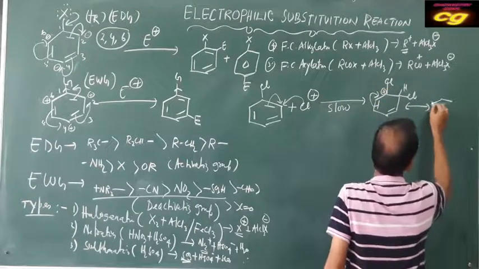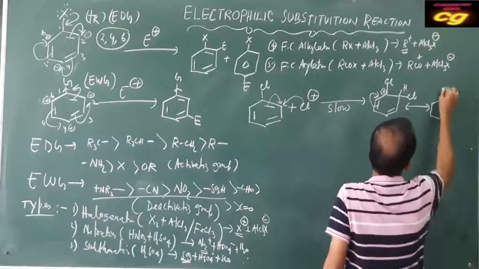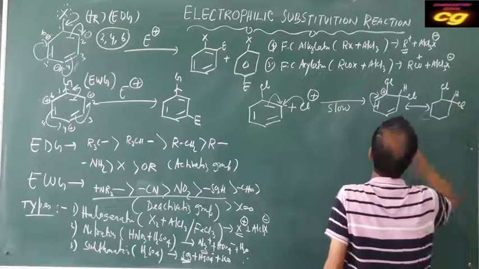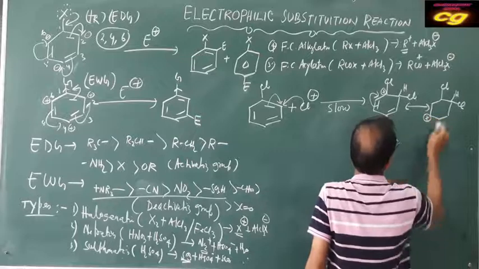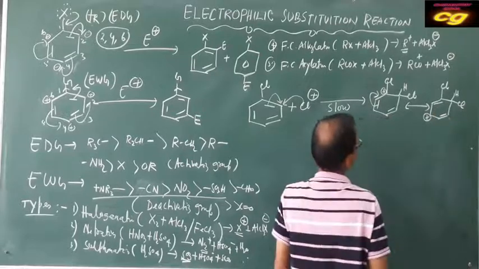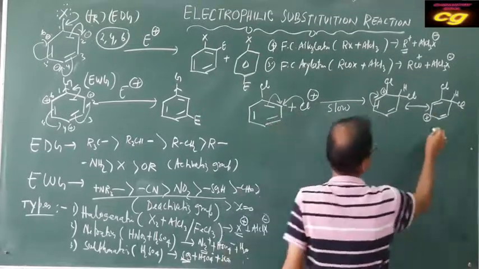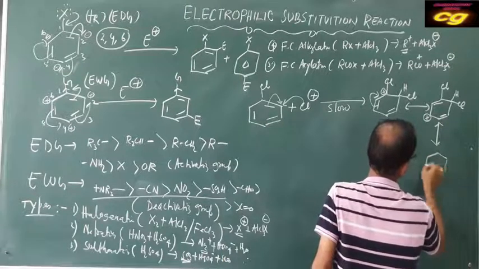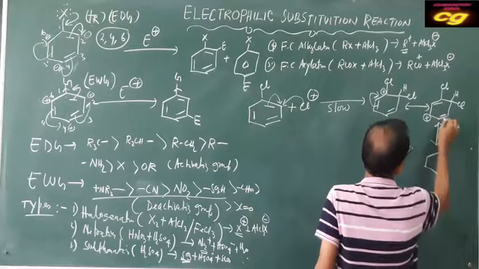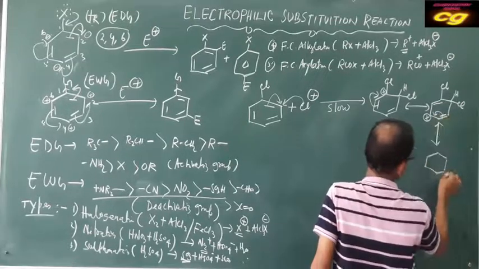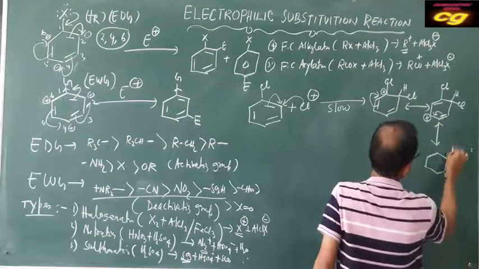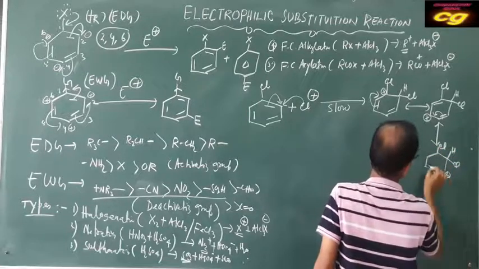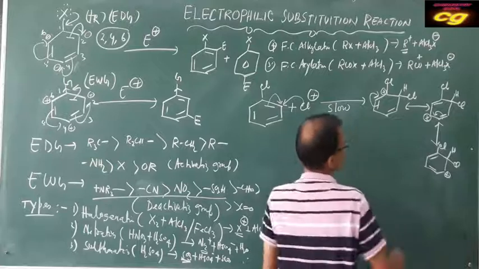What are the resonance structures? Chlorine, then H, then Cl, here it will be plus, then like this. If you do another resonance structure, it will be like this, plus that, then H, then Cl. So now it is plus.